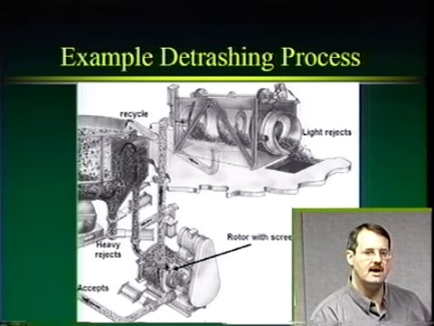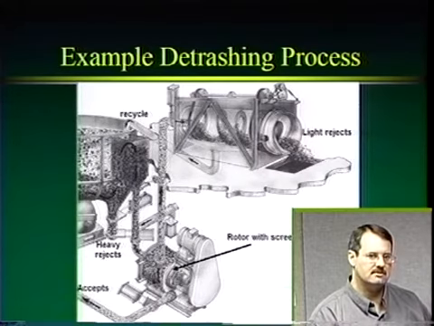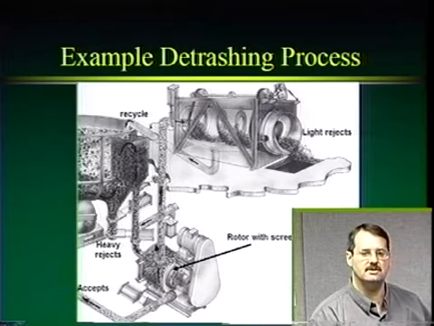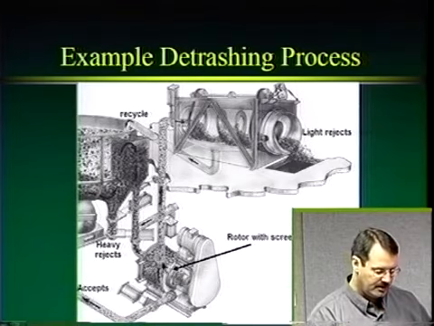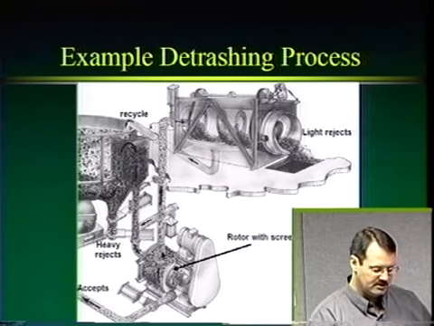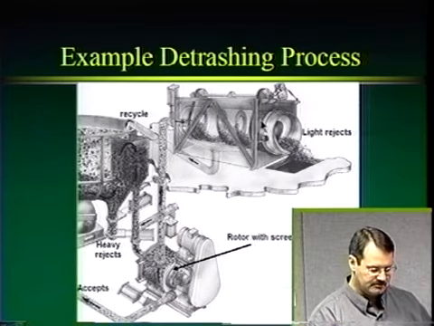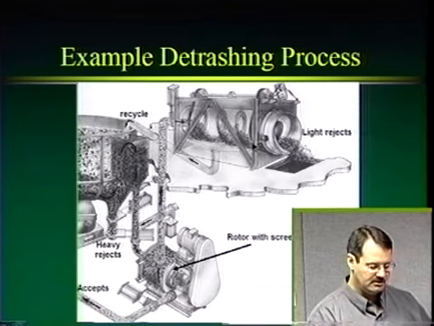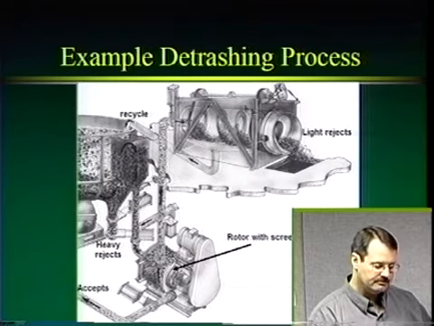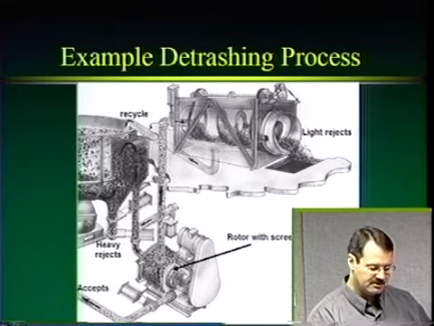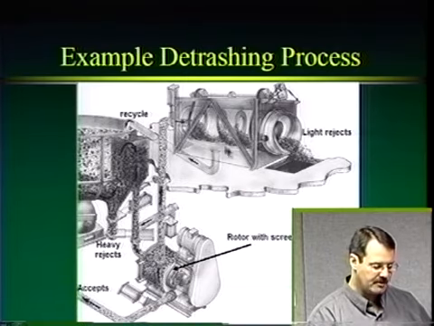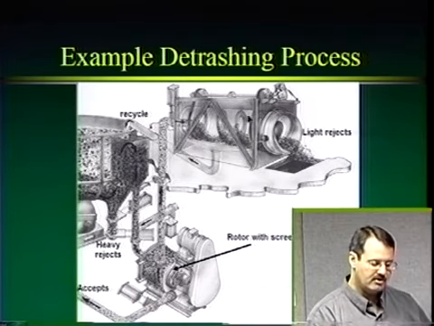Okay, now the unpulped material, things like large flocs that are small enough to be pulped, we push them up to this drum detrashing unit. Now the drum detrashing unit is a spinning cylinder. It's got these baffles here to direct the material down this way, and it's got a perforated cylinder.